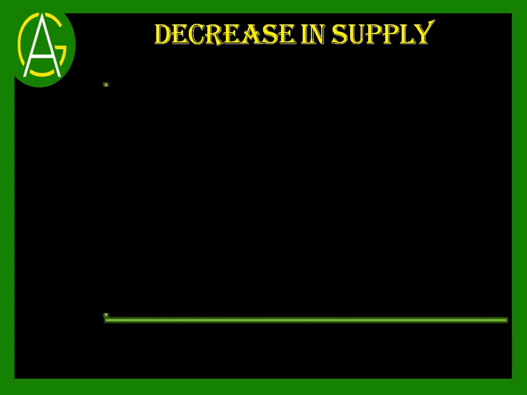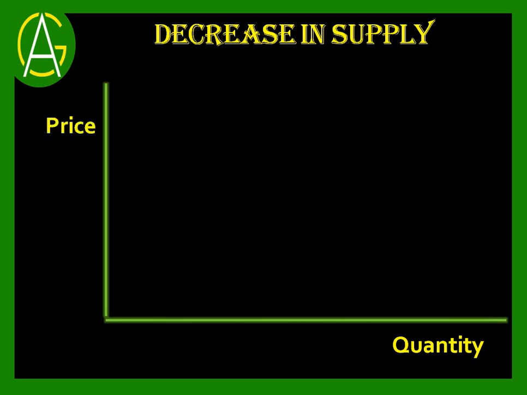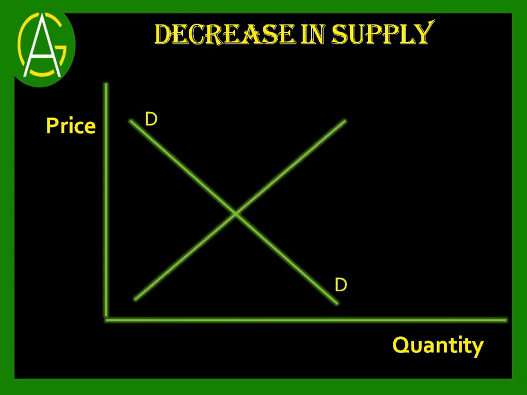This is again the x-axis, this is the y-axis. On the x-axis we present quantity, on the y-axis we present price. This is the DD demand curve, this is the SS supply curve, and at the point of intersection we find the equilibrium point E. Below the equilibrium point we find quantity, in front of it we find the price.